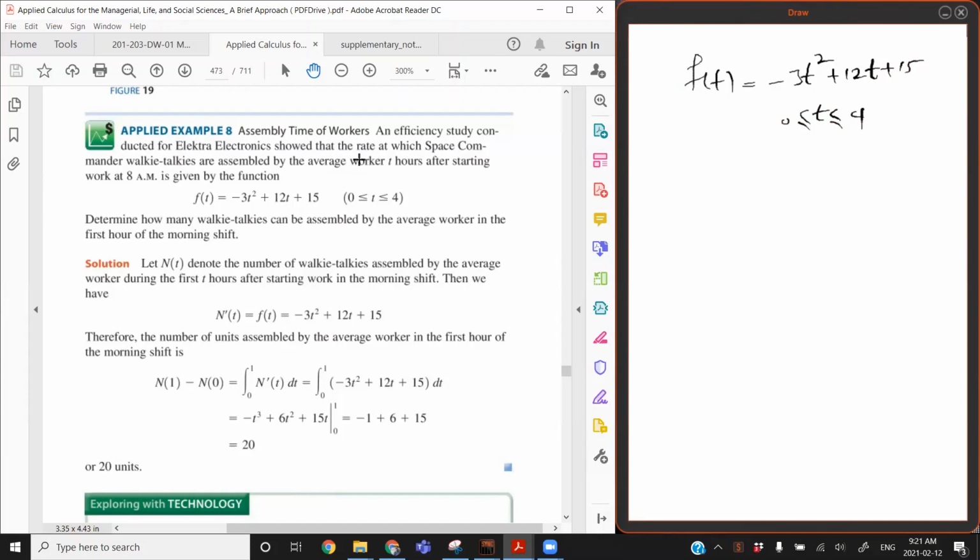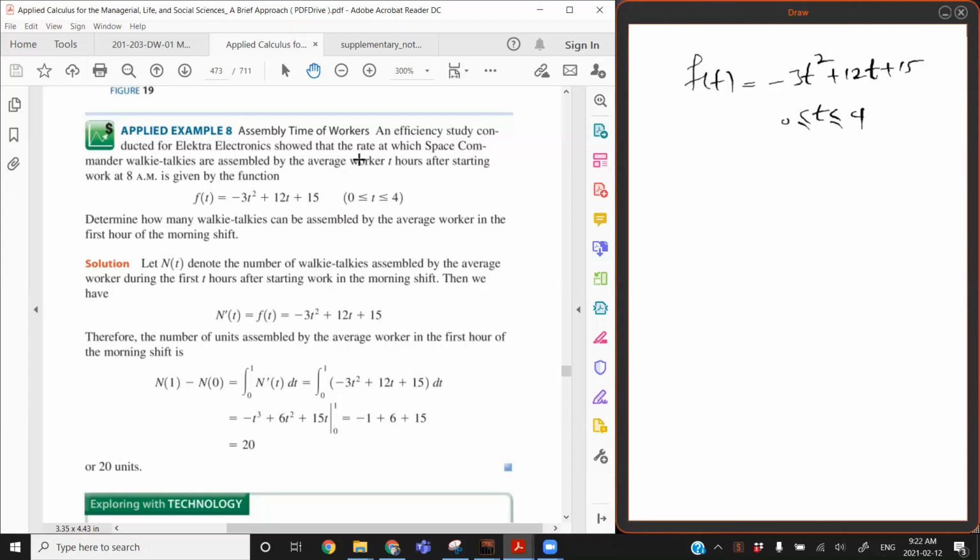I assume at the beginning of the day, maybe the speed is slow because the worker needs to warm up a little bit, and then after maybe 1 hour, he or she has warmed up completely. So we'll be able to assemble the walkie-talkies very quickly.